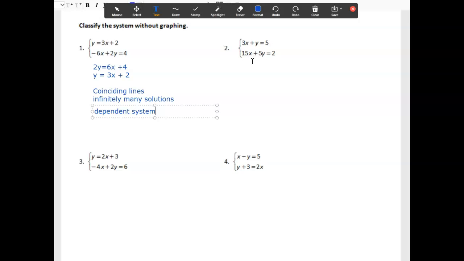Example 2, we need to rearrange both equations this time. So in the first equation, we are going to subtract 3x. And then in the second equation, we need to subtract 15x. And then divide by 5.